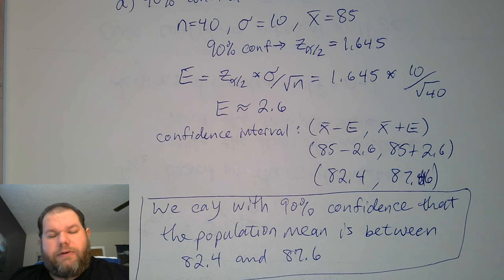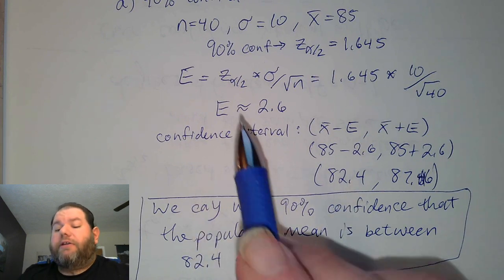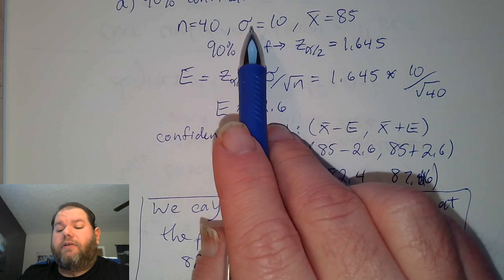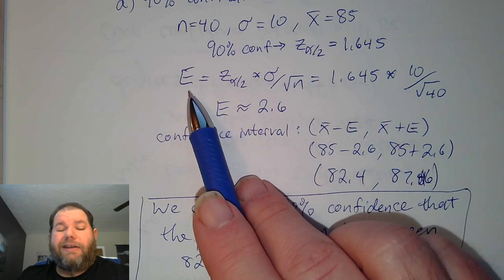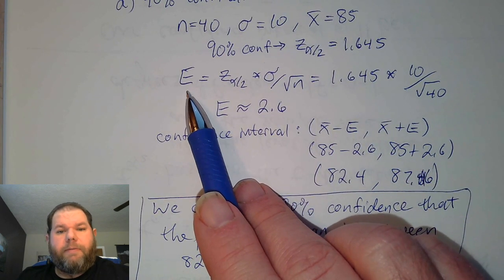So what I might do in the exam is split this up into two questions. First question, I'll have you go through and identify n, sigma, x bar, z alpha over 2, and then e. Just fill in the blank basically.